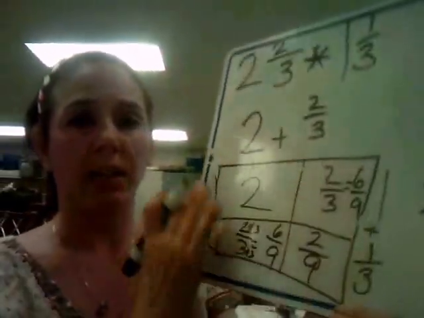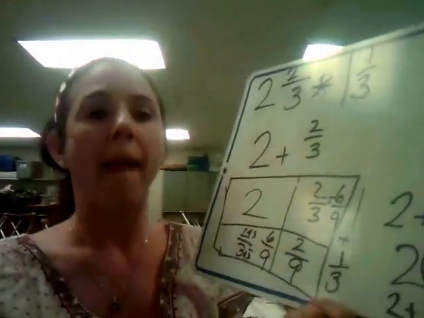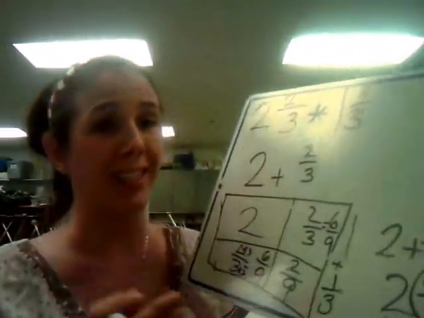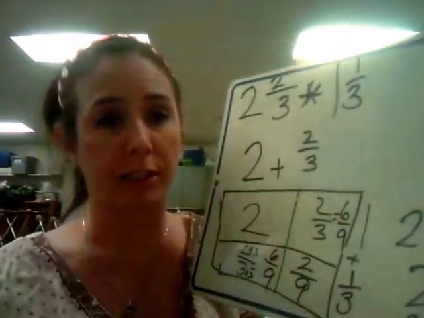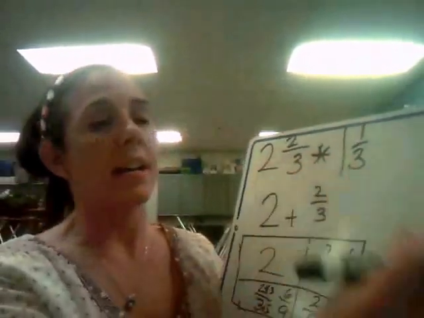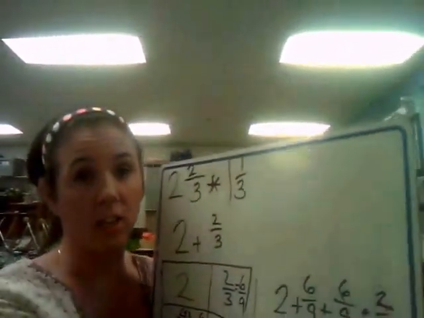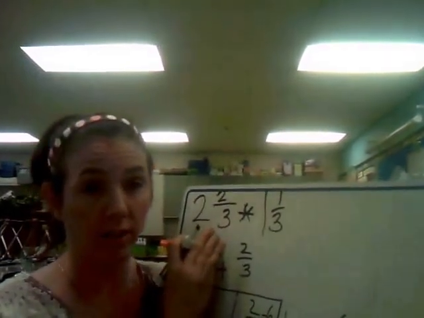So that's the area model. Finding the area, the length and the width of each one of the small boxes, adding that all together, which means I have to get a common denominator. Now, we did not need a common denominator to multiply. The kids have found the trick for that. We've talked about that. Now, to check their work, as I call it the check mark method, we're simply going to turn these into improper fractions.